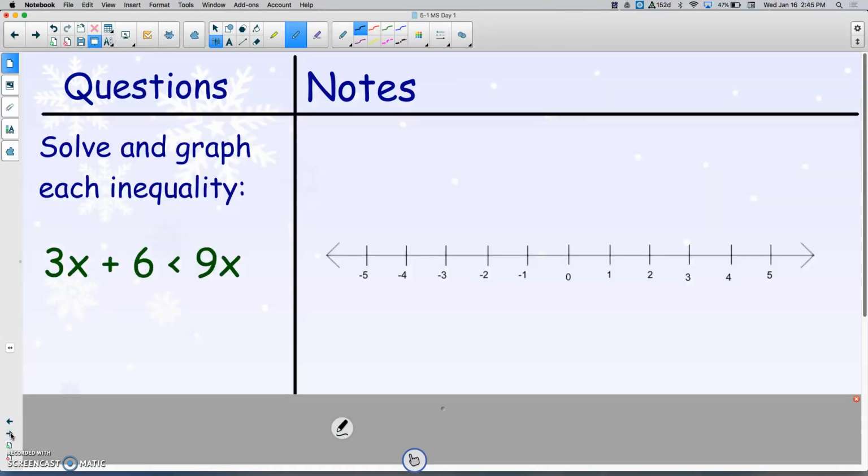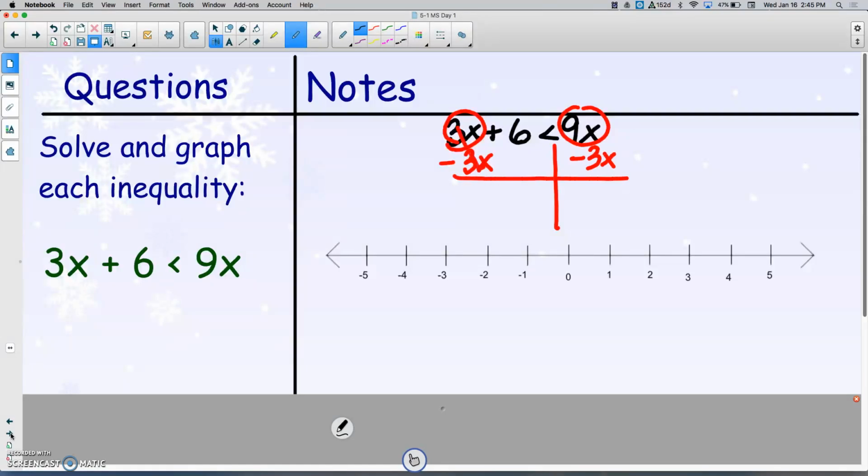Our last set of examples. The smaller variable this time is 3x. So subtract 3x. 6 is less than 6x. This one actually has a second step then.